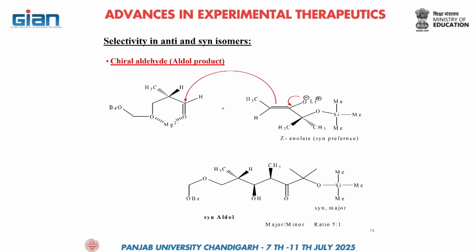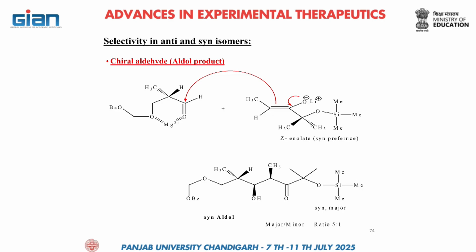Okay, so now from 4 you move only 2, from 2 you move only 1. So your enantioselectivity will be the best one in this case. So in any example this is one choice, that you place chirality in your aldehyde.